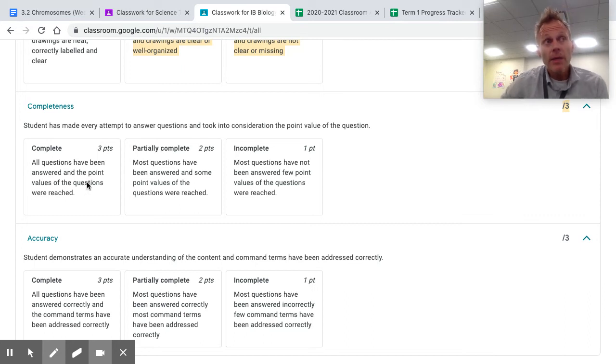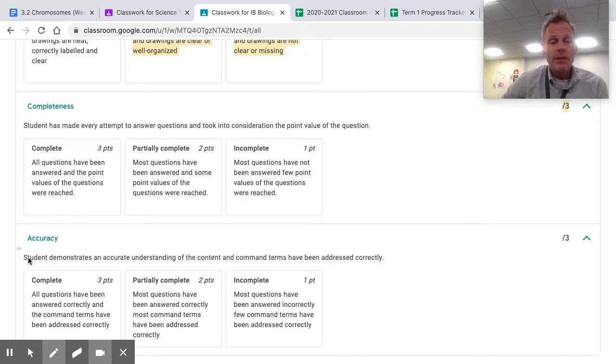In IB Sciences, when you see a short answer question, usually there's a number after it to let you know how many points the question's worth. Usually they run between 1 and 6, with 6 being the high end. For each one of those point values, you have to create an idea. This is going to be practice, and I don't expect you to get it the first time.